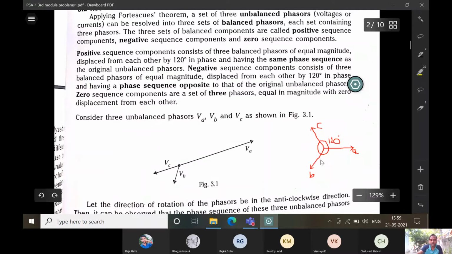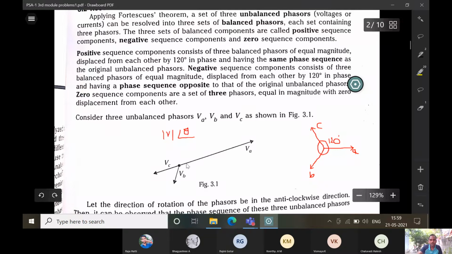Unsymmetrical, or unbalanced, means they are not equal in magnitude. Look into this diagram. VA has the highest magnitude, and VB and VC are all different in magnitude and also different in angle. The angle is not 120 degrees apart either, so the angle is also not uniform.